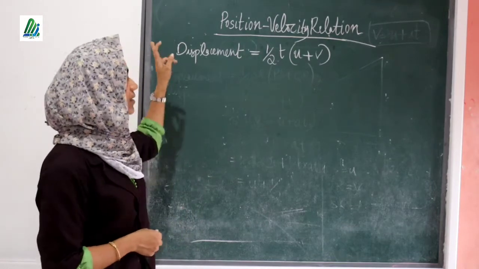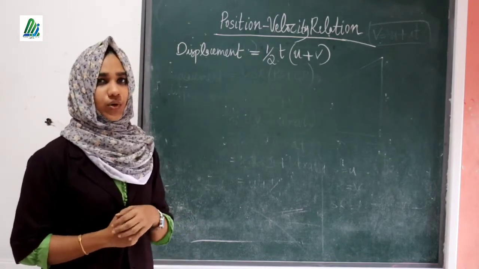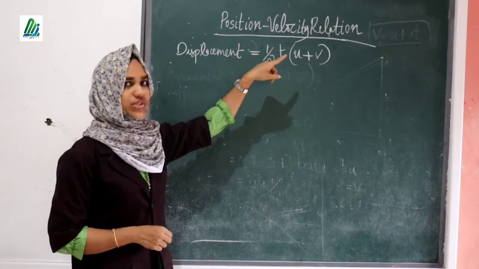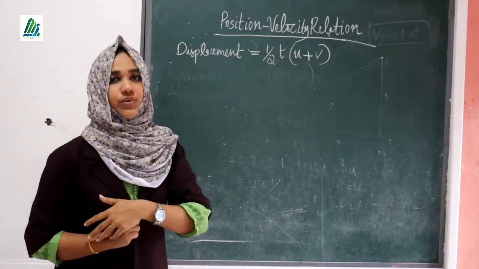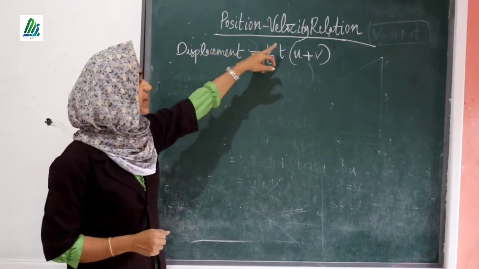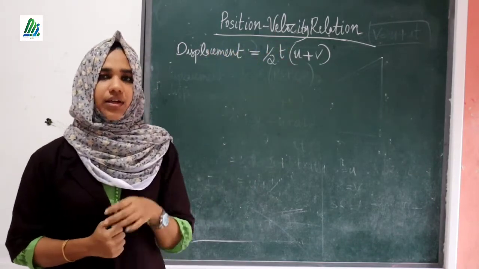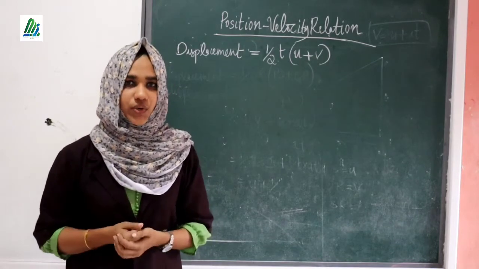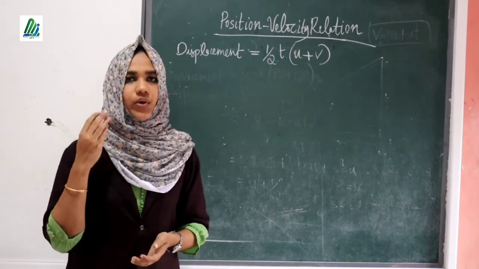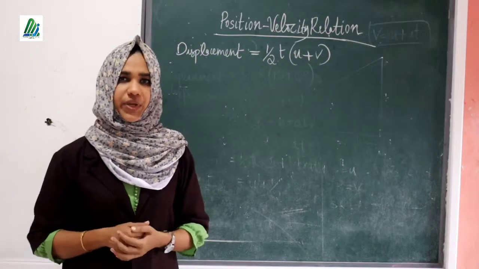The third equation we also call the position velocity relation. In the second equation I told you that displacement is equal to the area of the trapezium PQRS.